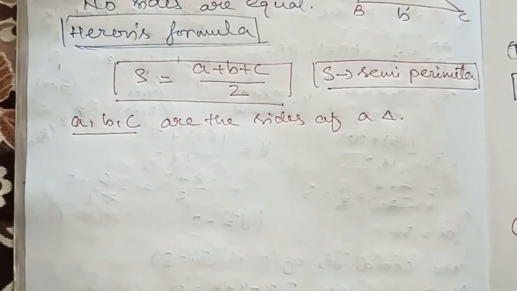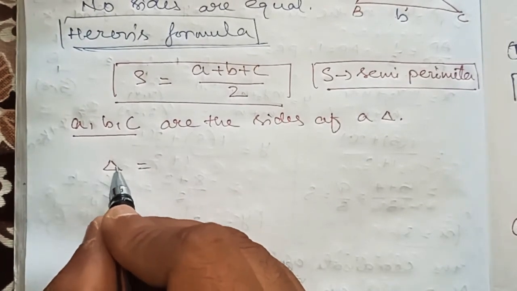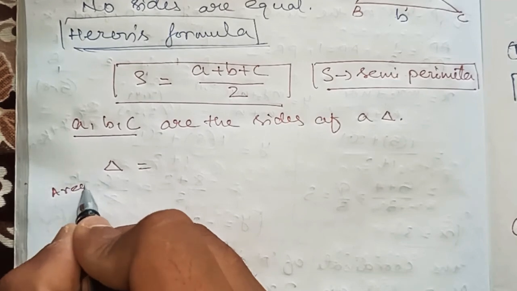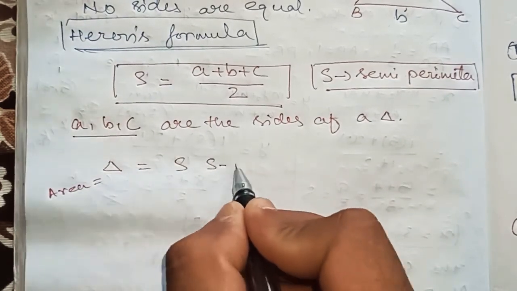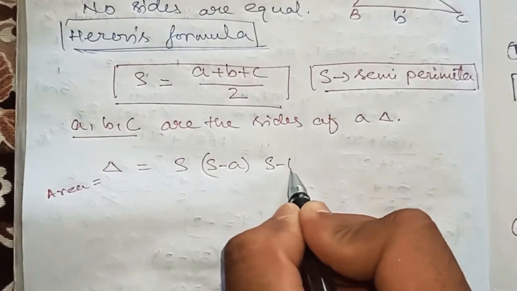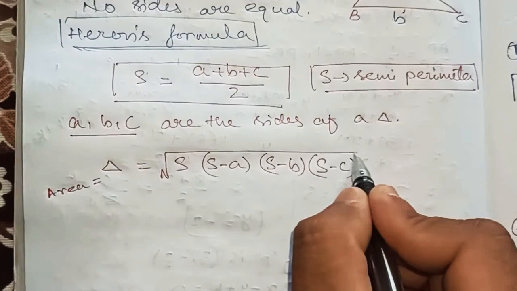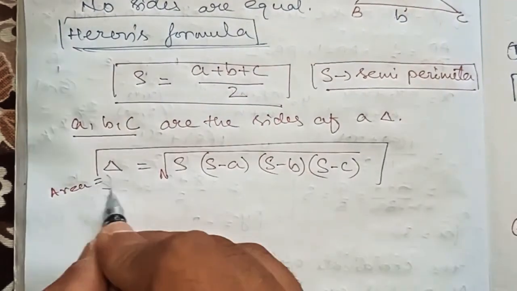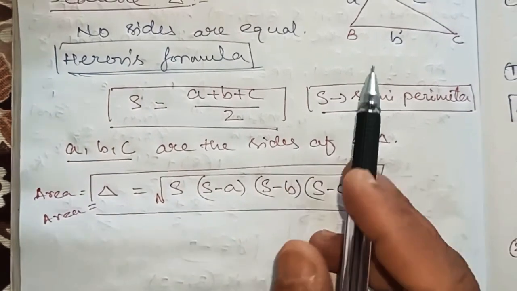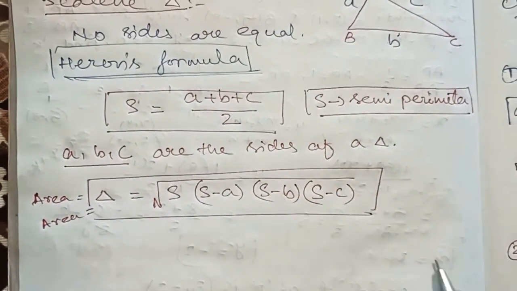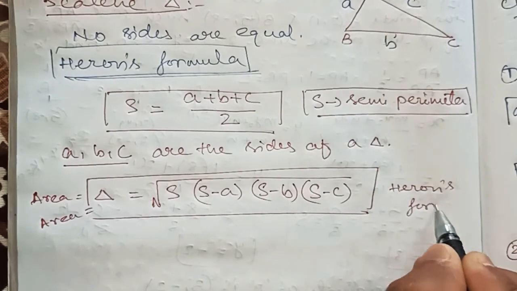Now the Heron's formula is, this is the symbol for area. Area equals to square root of S into S minus a, S minus b, S minus c. Okay, this is the area formula for any scalene triangle, remember, and this is called Heron's formula.